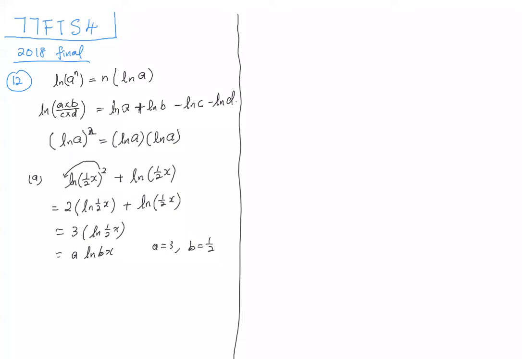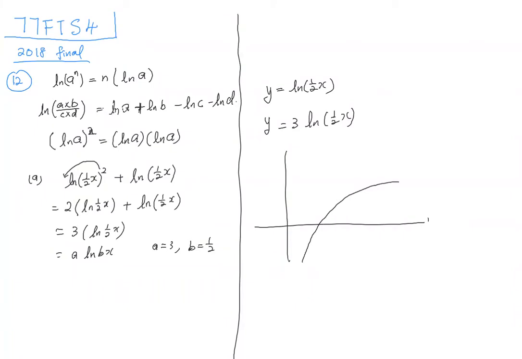So for the rest, if you look at the 2021 paper, they give you y equal to ln half x. Then they give you another one, y1 equal to 3 times ln half x. So if the ln half x graph is like that, you see my y1 is 3 times.